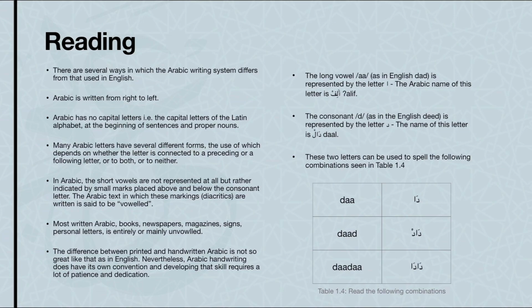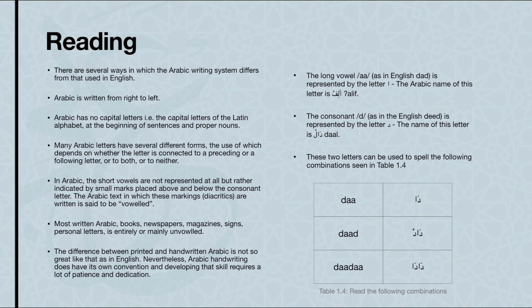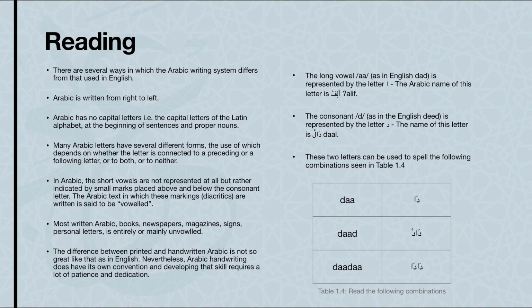The difference in forms basically depends on whether the letter is connected to something before it, after it, or on both sides, or if the letter is a standalone letter, just on its own. Some letters assume very different shapes, but with practice and reading and being familiar with how they look, it becomes easy.